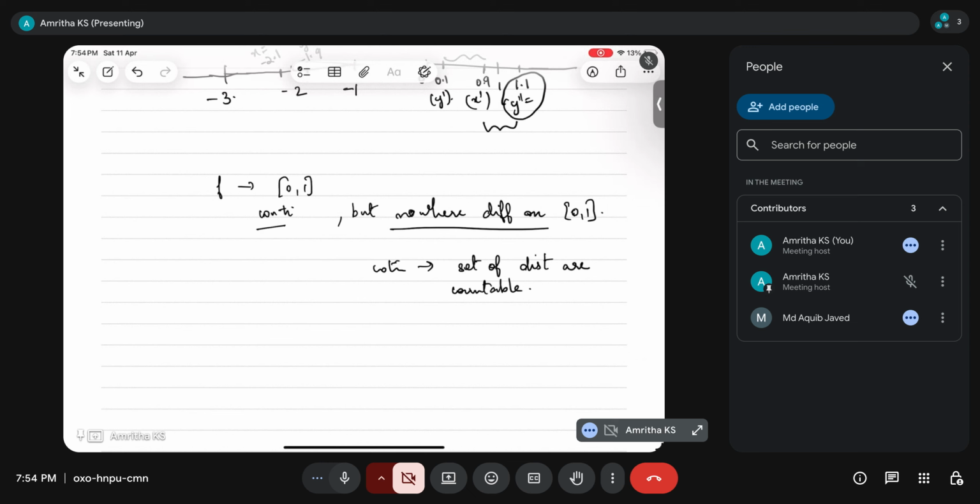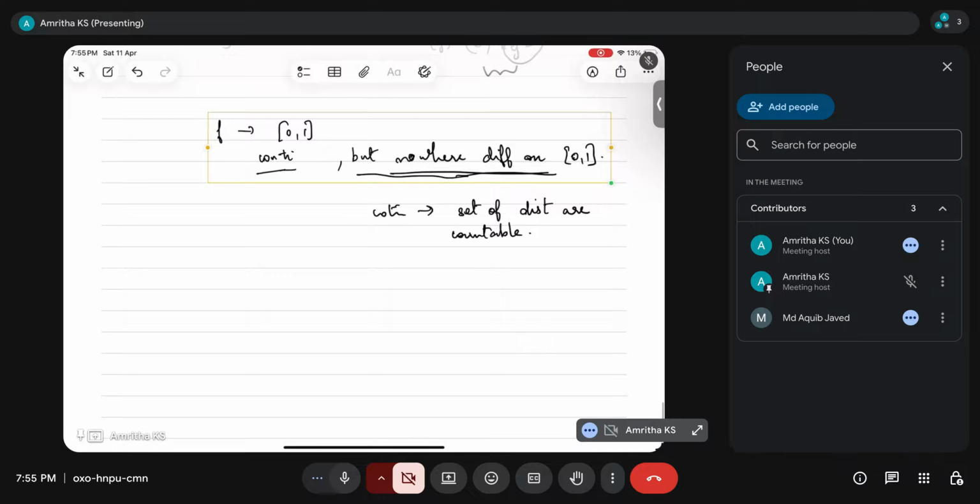Let's look at this function. It is a little interesting. It is continuous but nowhere differentiable. It exists, but I don't know the function. Let's just look at the idea.